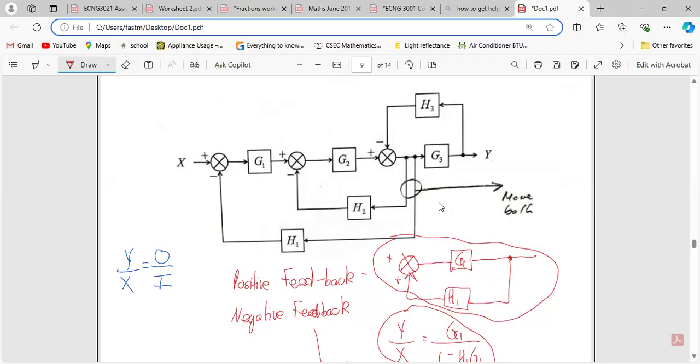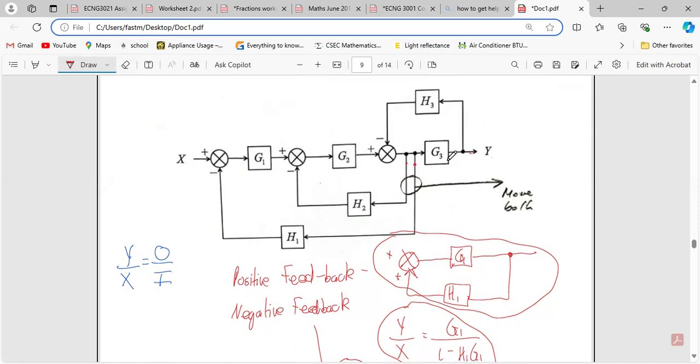We can move these two to before, because that would open up the entire circuit for us.